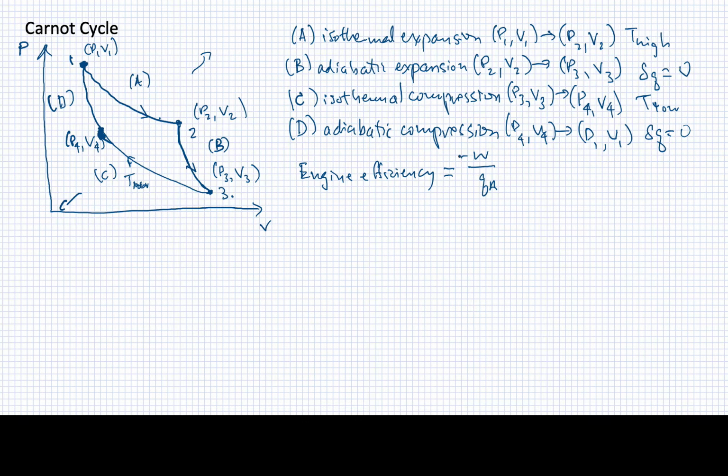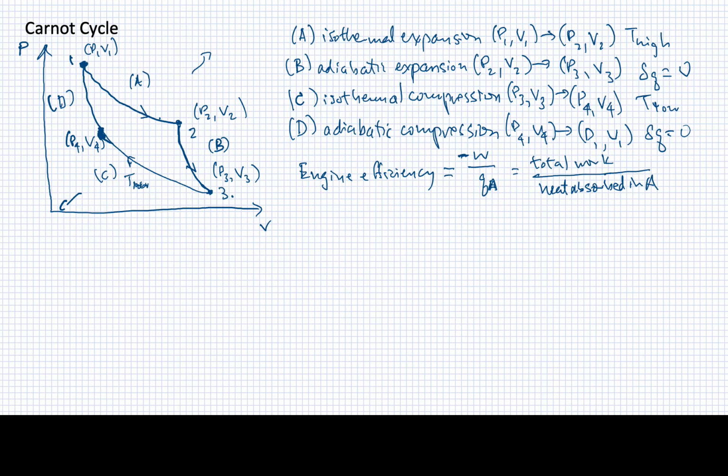And I'm going to write that as negative because from the system perspective, the negative work is the work that it's performing on the surroundings. So in essence, we're defining our efficiency as the total work that we're getting out of it divided by the heat that was absorbed in the first step.